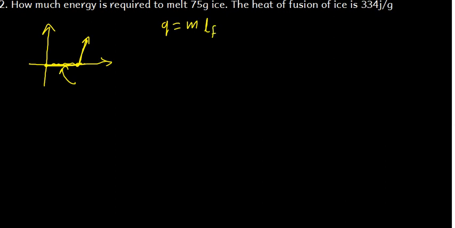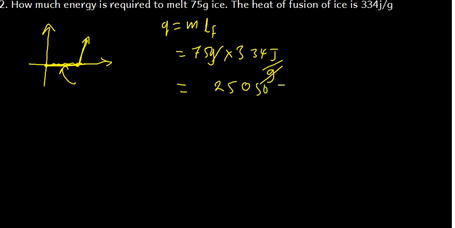I want to calculate the energy, and we've been given the mass as 75 grams and the latent heat of fusion as 334 joules per gram. Notice that the grams cancel out, and so that is going to give us 25050 joules, which we can also convert. We have a joule on top, we bring a joule down, and then a kilojoule on top.